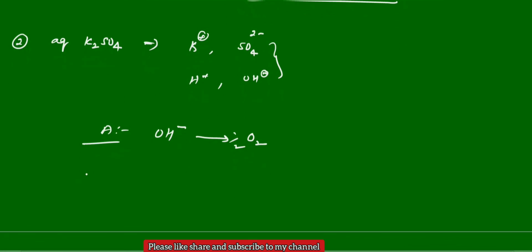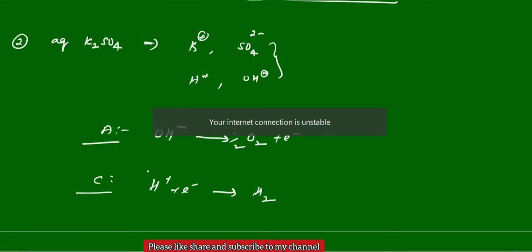Similarly at the cathode, what happens? Now K plus and H plus. We know that H plus has the lower discharge potential value, so it can liberate hydrogen. So with respect to potassium sulfate, at the anode oxygen can liberate, at the cathode hydrogen can liberate.